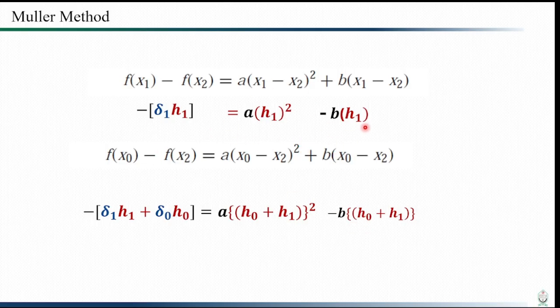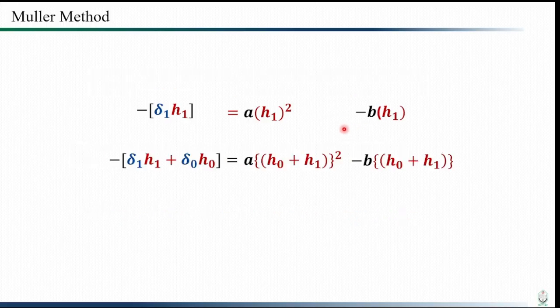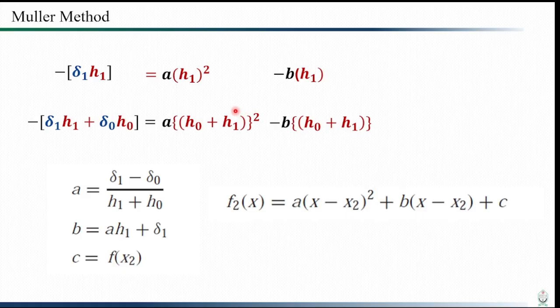We can easily solve these two equations to find the values of A and B. If we move further, this is the solution of A and B, and the value of C we have found at the very beginning.